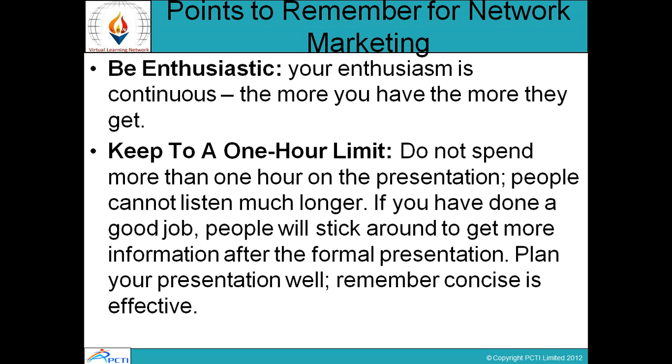Similarly, while you are preparing the presentation, it should stick to your goal and provide sufficient information to the other side. Right?